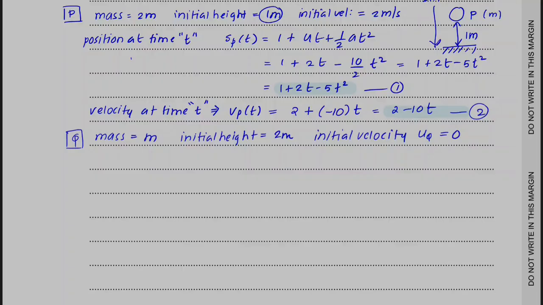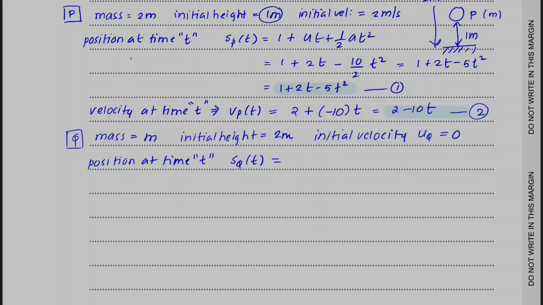Similar to what we have done in the case of particle P, let's find the expression for position as a function of time. So position at time t, let it be sq of t. This is regarding the particle q, so we are giving the suffix q.